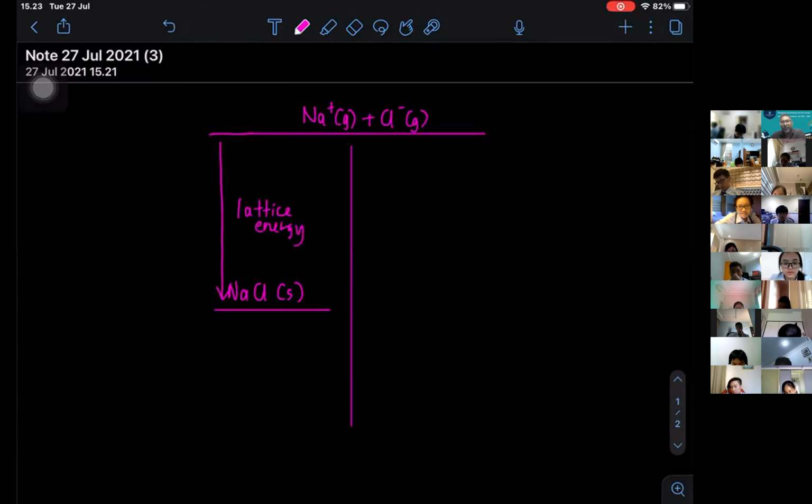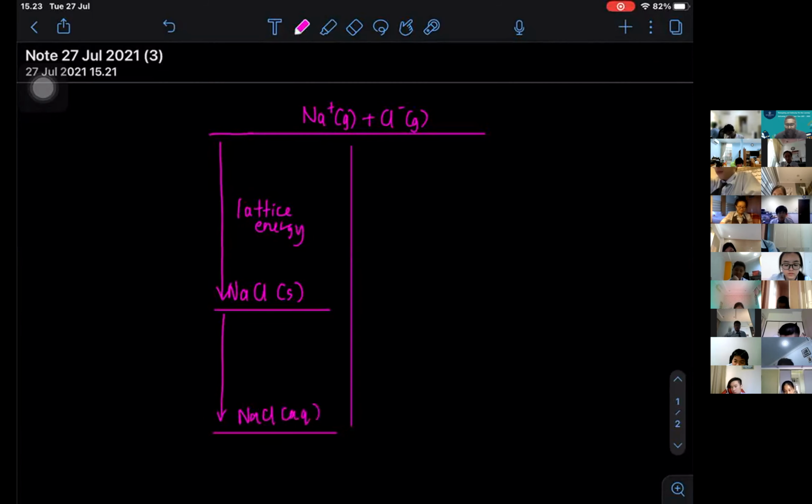The next is, when I have this NaCl solid and I dissolve in water, assume this one is going to be soluble, because I think everyone should know sodium chloride is soluble. If they are soluble, then solution is going to be negative. So I just put dissolve in water, and I'm going to get NaCl, which is going to be aqueous.